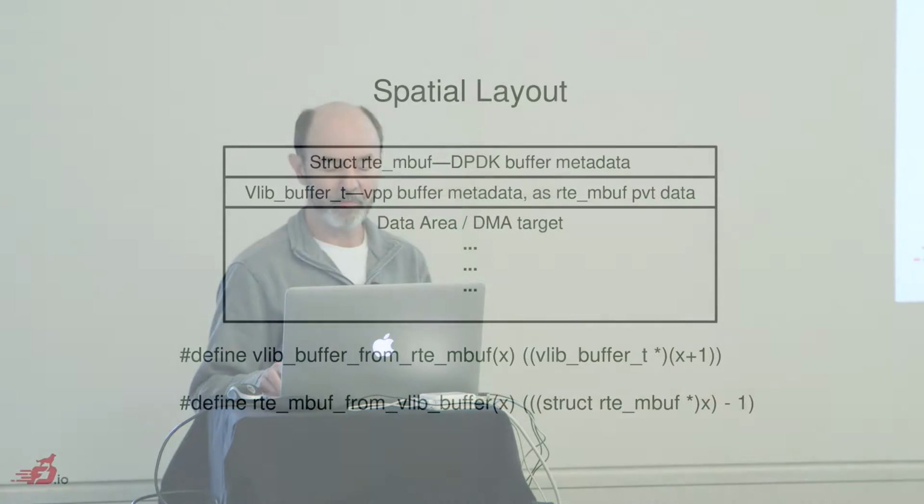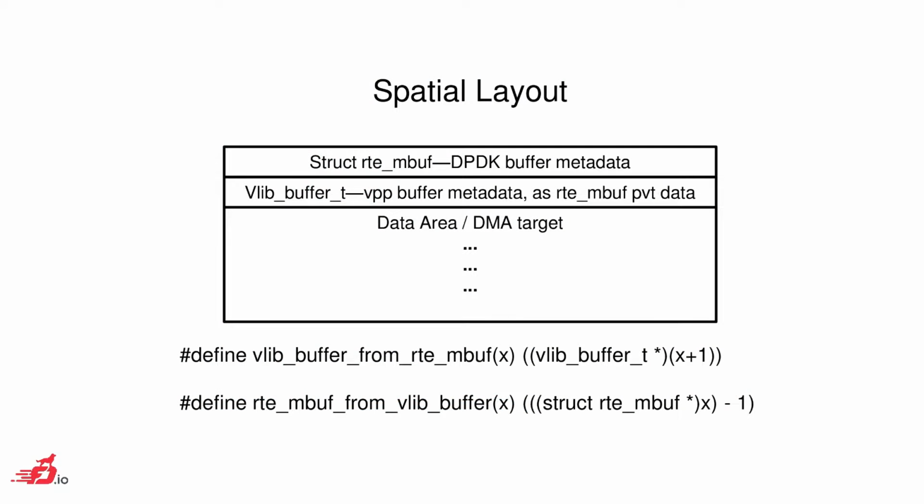But without further ado, this is a spatial layout picture of an rte_mbuf that contains in its private data the VPP buffer metadata. In other words, you have the rte_mbuf on the top. At sizeof(struct)+1, you find the VPP vlib_buffer_t, and thereafter it's all tangent to the DMA target.